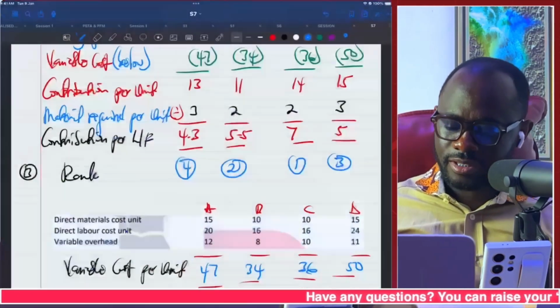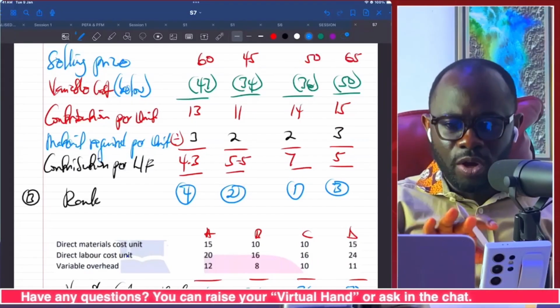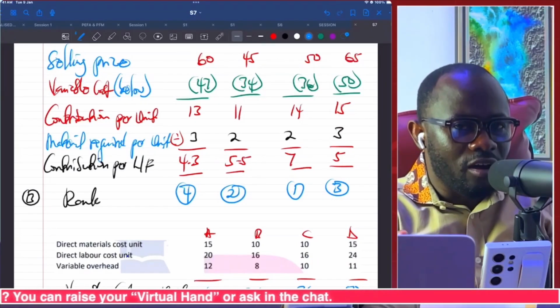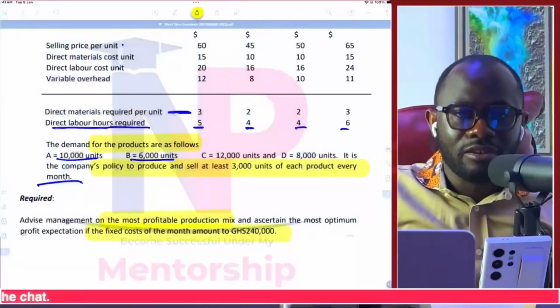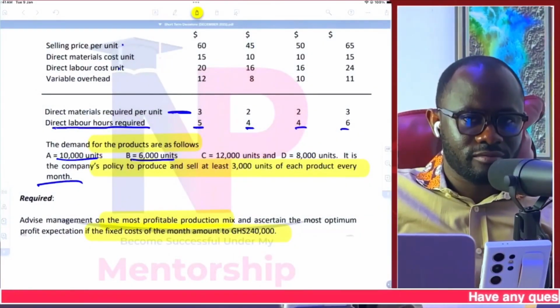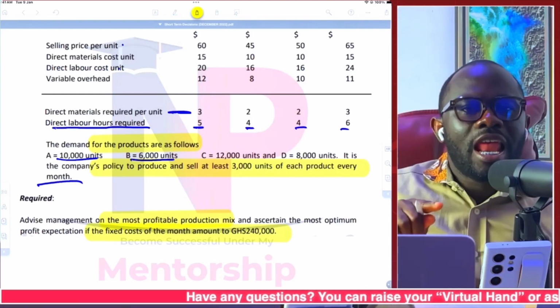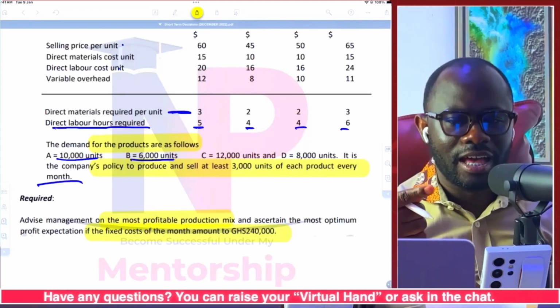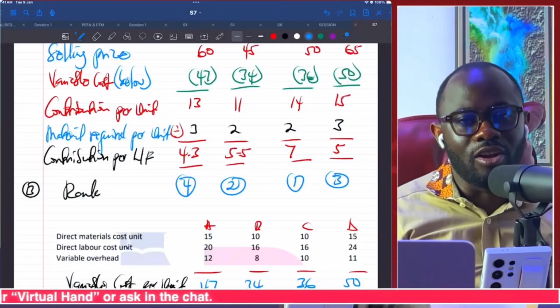So which means, although this is our ranking rule, we will ignore the ranking rule for now and produce at least 3,000 units of each of the products. When we finish, what will be left of the limiting factor, we will produce it using the ranking order.